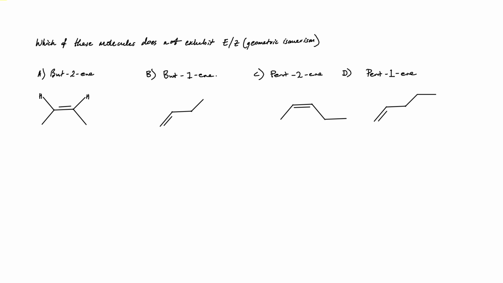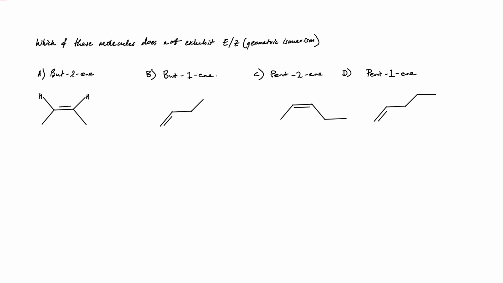So I've drawn out my molecules here. Let's start with but-2-ene. In this particular one, I've drawn out the two bonds coming out here towards the hydrogens. You don't have to do that, and you shouldn't be doing that for skeletal anyway, but just to give you an idea, these two are CH3s, hence they're skeletal, and you can see that you've got two different groups on either side of that carbon-carbon double bond.